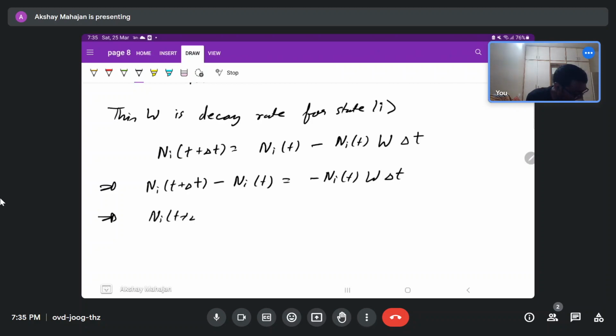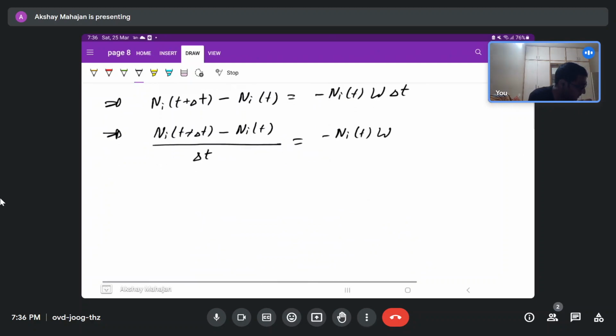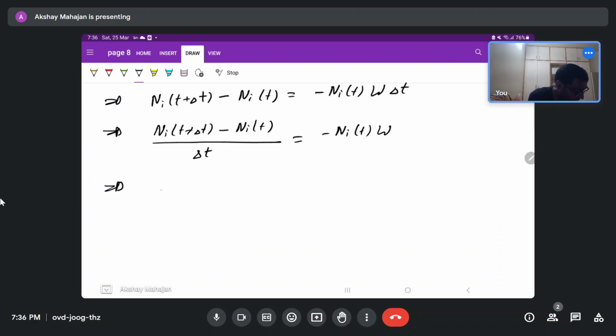Next, I can write Ni of t plus delta t minus Ni of t, divided by delta t, equals minus Ni of t times this rate W. Now for the limit delta t tends to 0, a finite infinitesimal time.